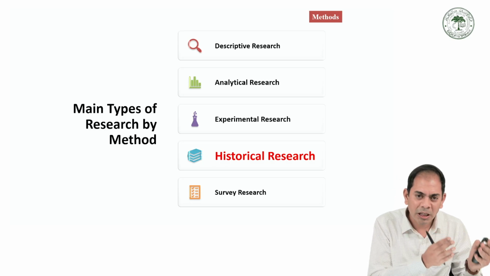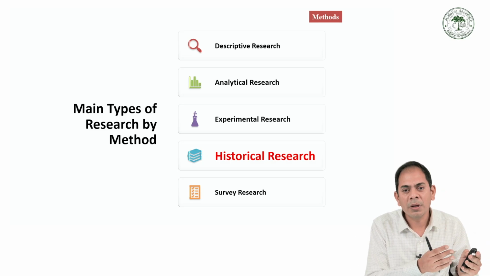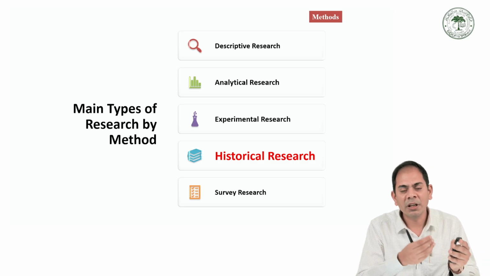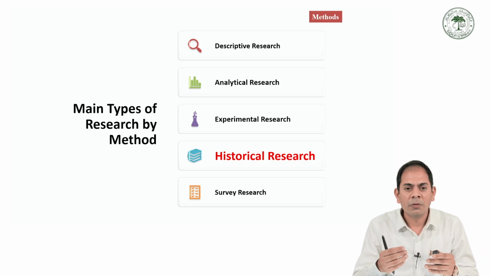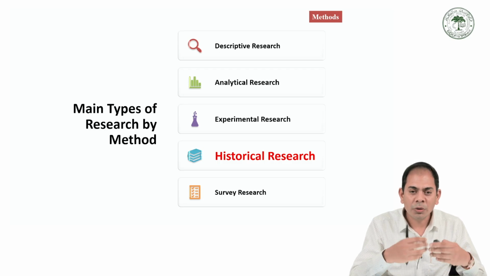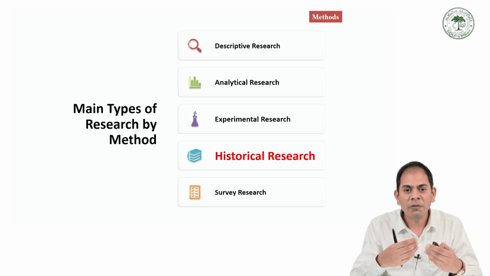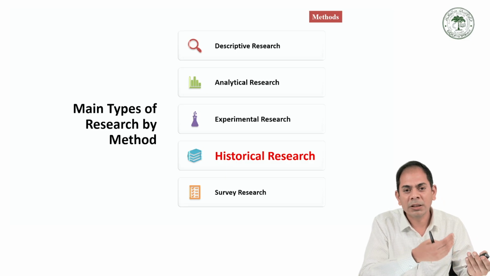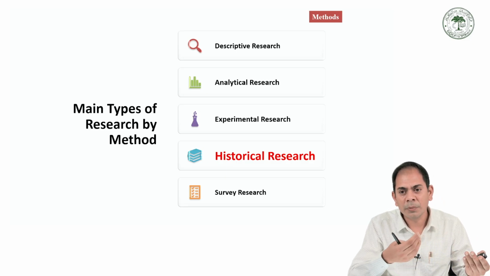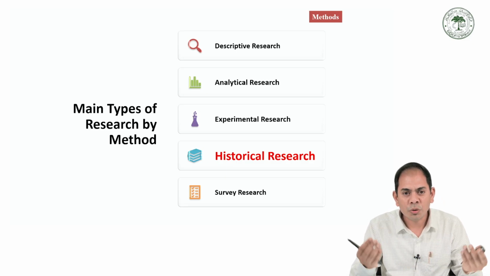The important thing is that research is a systematic, scientific, planned process. So historical research means the study of historical events in a properly planned, scientific, and systematic way. So this is historical research.